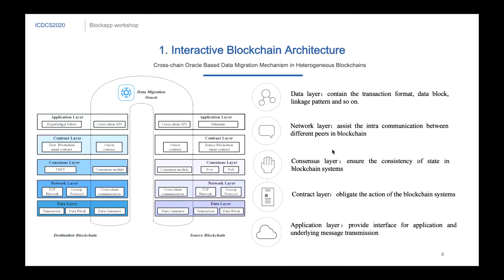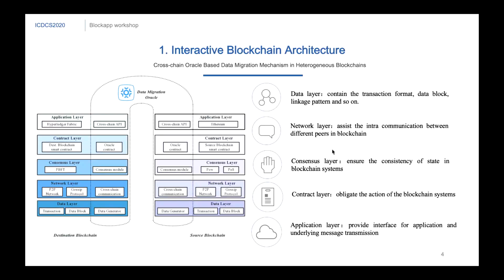And the third one is the consensus layer. The consensus layer ensures the consistency of the state in the blockchain system. It contains prevailing consensus protocols such as PBFT, POW, or POS. And the contract layer is originally designed to obligate the action of the blockchain system. A smart contract is a self-enforcing agreement embedded in computer code managed by a blockchain.